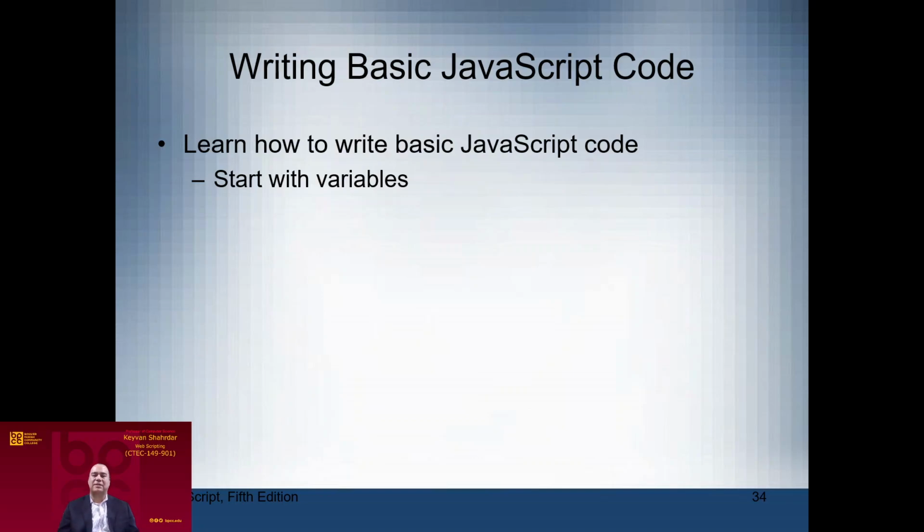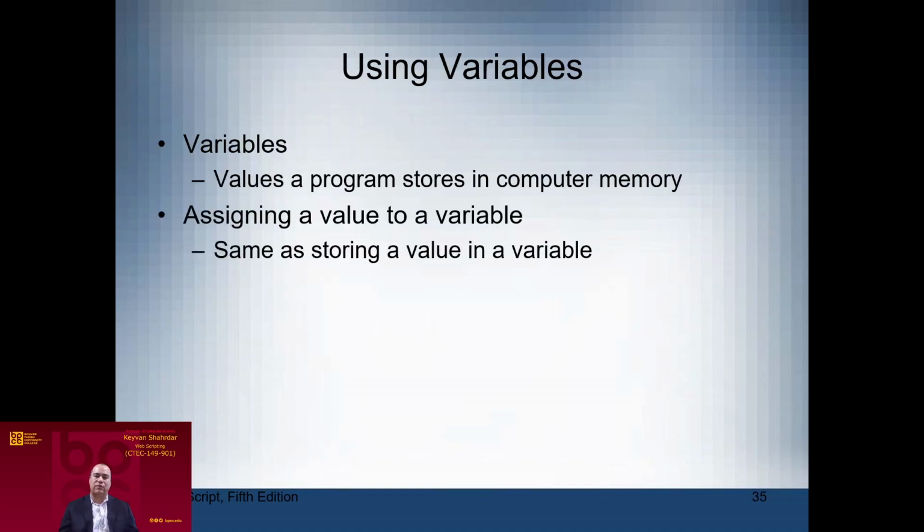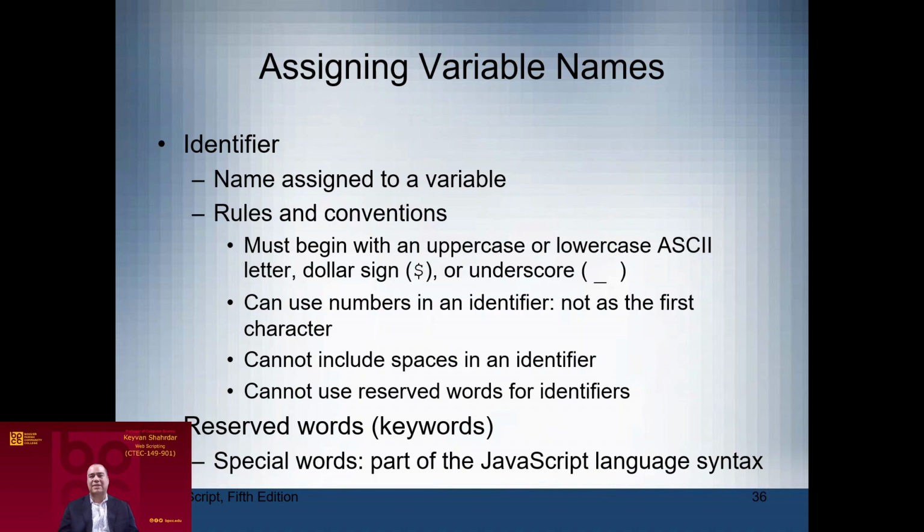So writing basic JavaScript code is learning how to write basic JavaScript code. You start with variables. So what are variables? They're values a program stores in computer memory. And assigning a value to a variable is the same as storing a value in a variable. So assigning variable names. You have an identifier. It's a name assigned to a variable.